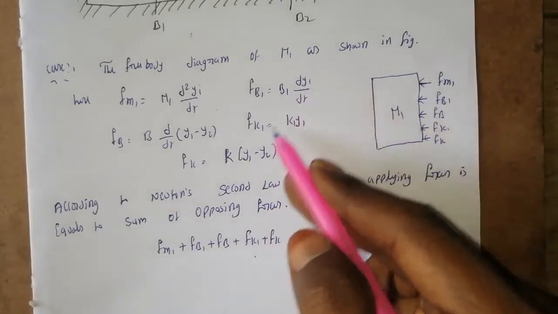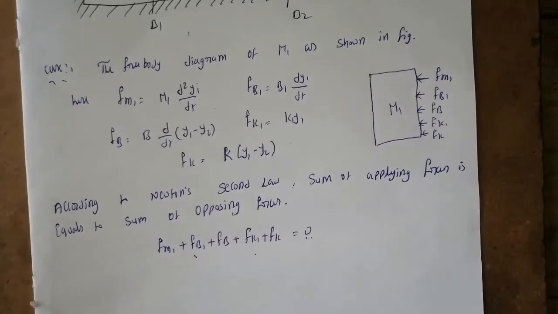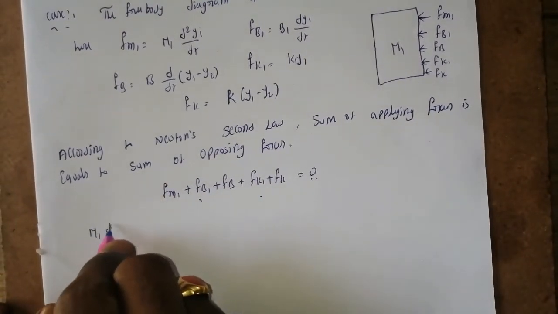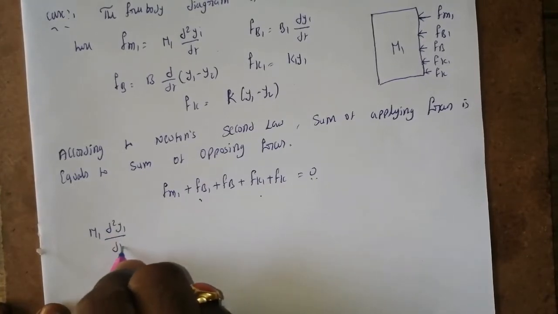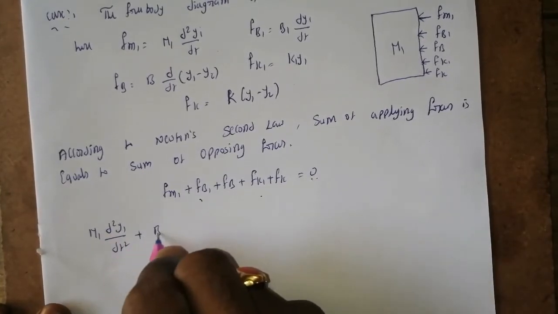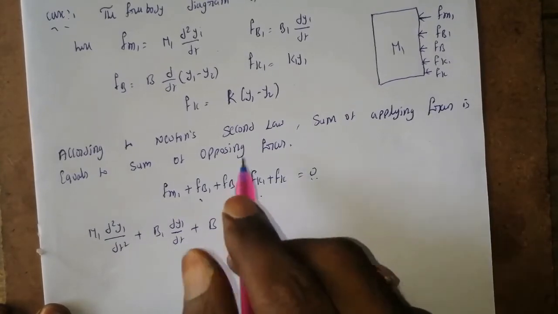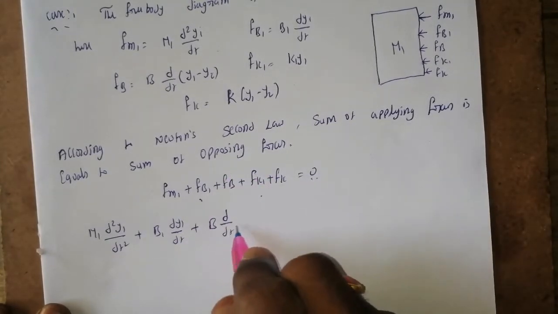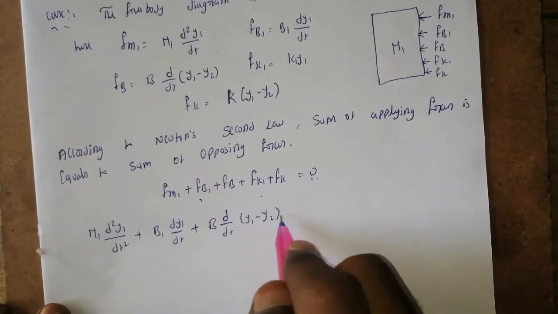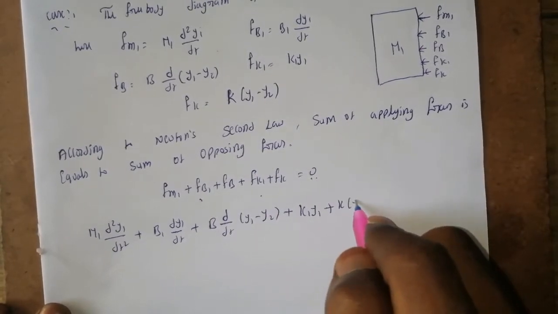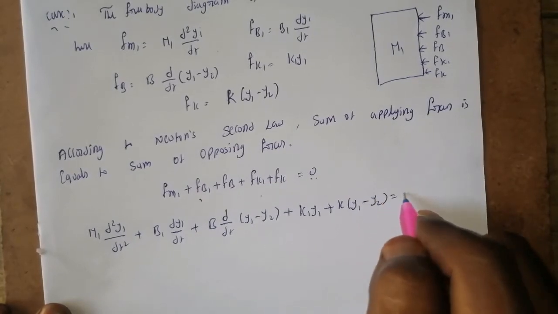Now all these elements should be substituted in this equation. The equation becomes m1 d square y1 by dt square plus b1 dy1 by dt plus b d by dt into (y1 minus y2) plus k1 y1 plus k (y1 minus y2) equals 0.